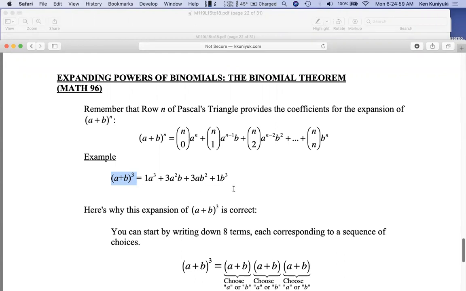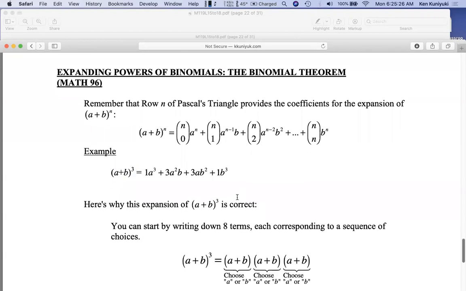The coefficients for this power of a binomial come from Pascal's triangle. It's these binomial coefficients, these n choose x guys: n choose 0, n choose 1, n choose 2, n choose 3. 3 choose 0 is 1, 3 choose 1 is 3, 3 choose 2 is 3, 3 choose 3 is 1.